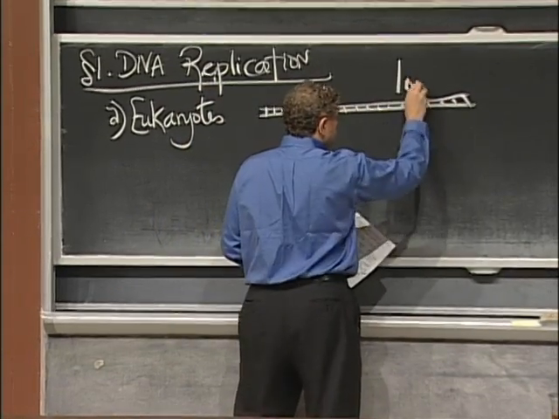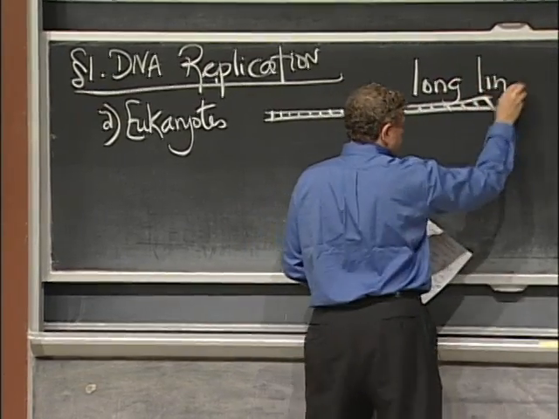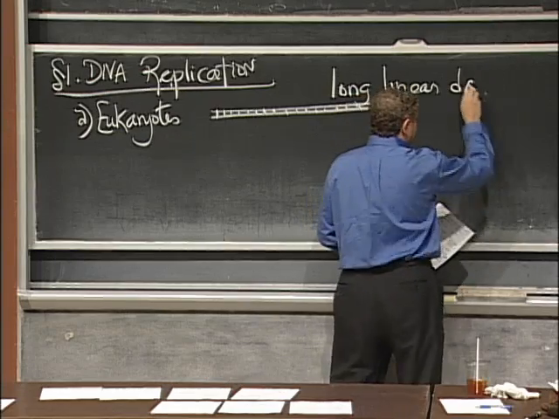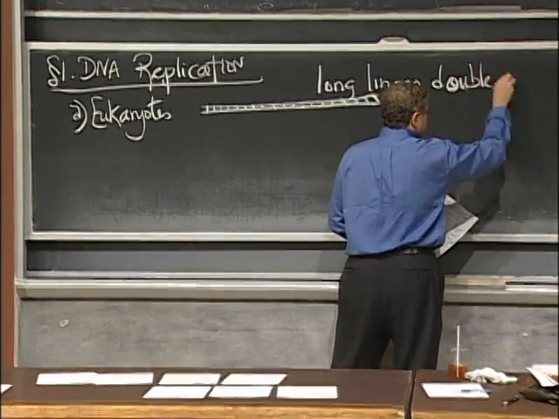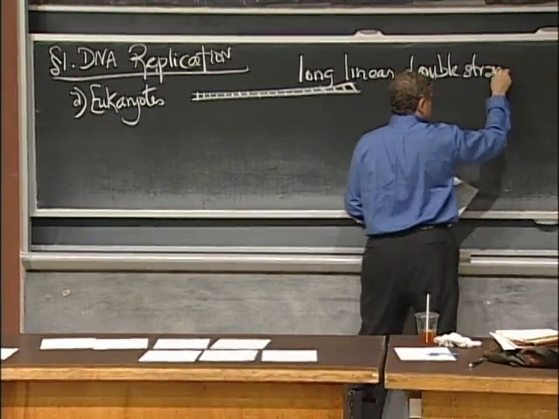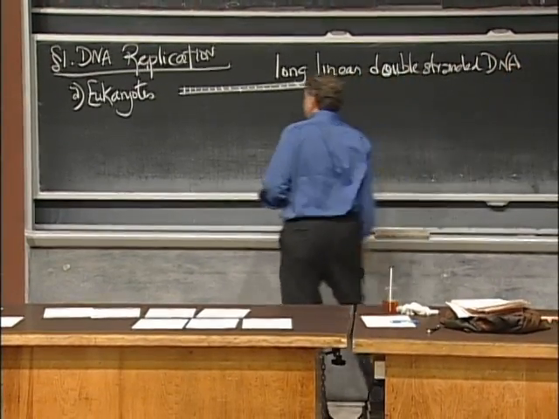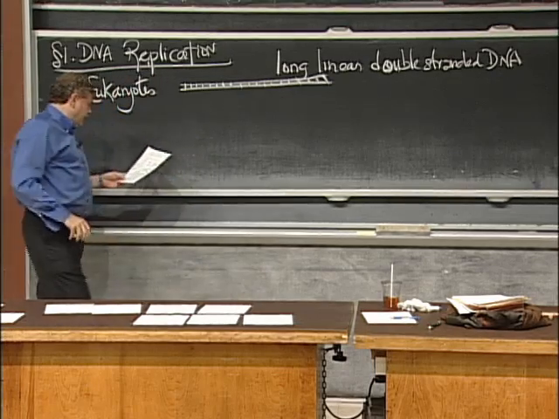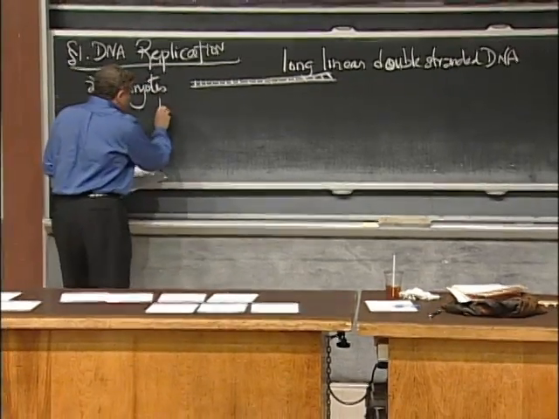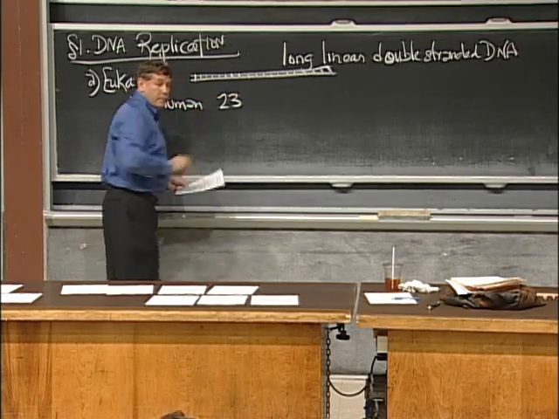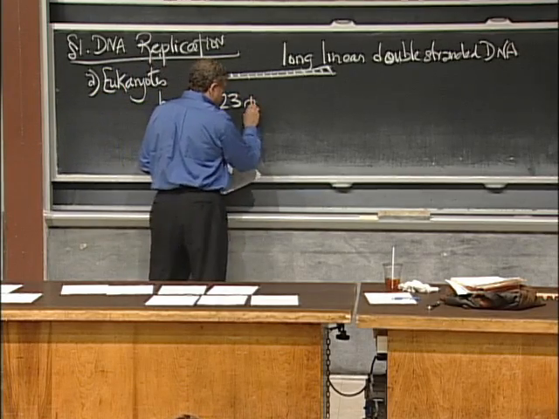Long, linear, double-stranded, DS for double, I'll write it out, double-stranded DNA. You know this. And you've got a lot of it. The human, you actually have 23 pairs of chromosomes.